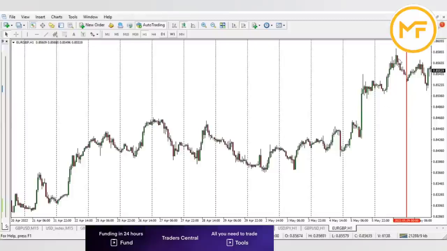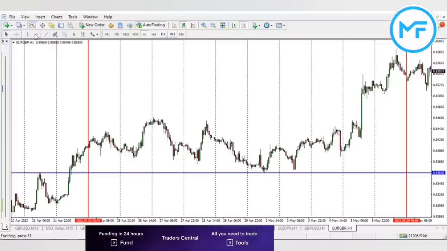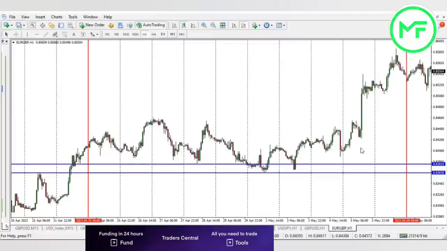So here you have 1, 2, 3, 4, 5, 6, 7, 8, 9, 10, right? You draw your horizontal line there. You find your lowest point, this. Second lowest, you can use this one right there or this one right here.